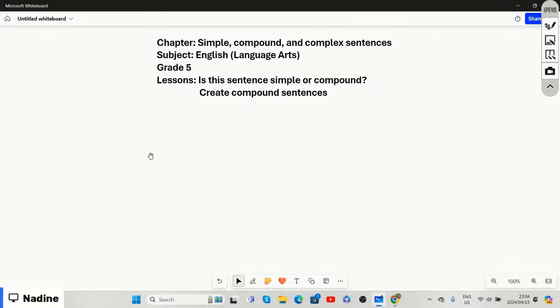So our chapter is simple, compound, and complex sentences. Our subject is English, which is language arts, grade 5.